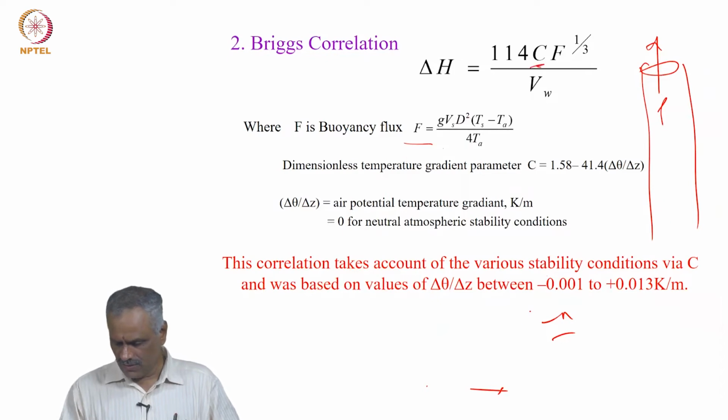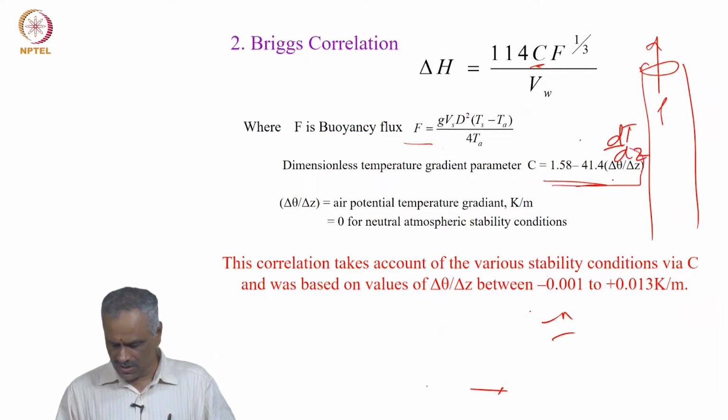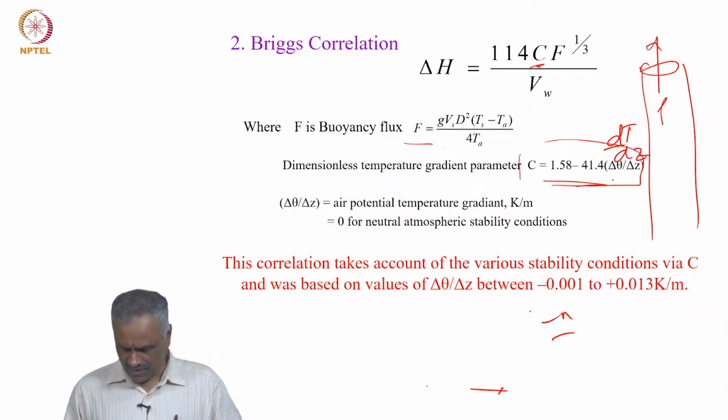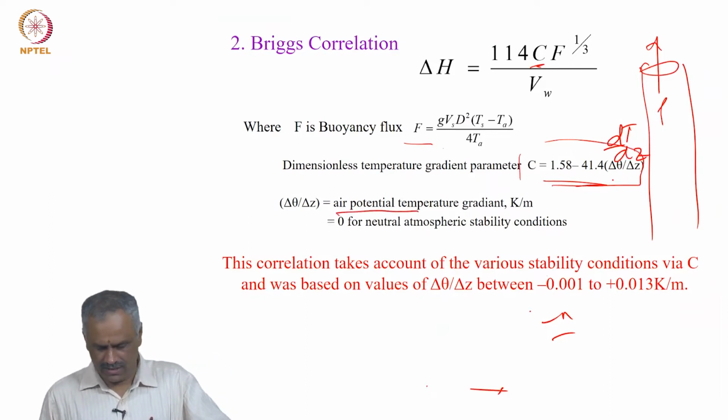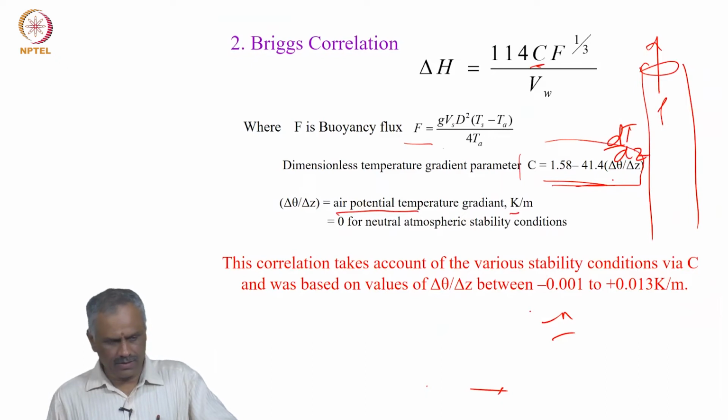Here this value C is a relation called the dimensionless temperature gradient parameter, and it is actually based on dT by dz. This is some correlation, dT by dz. This is called the air potential temperature gradient, and it is how many degrees the temperature changes with respect to altitude, in terms of meters.